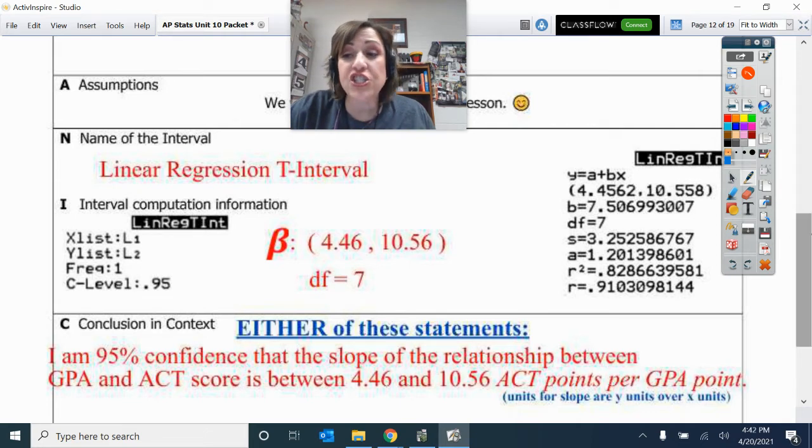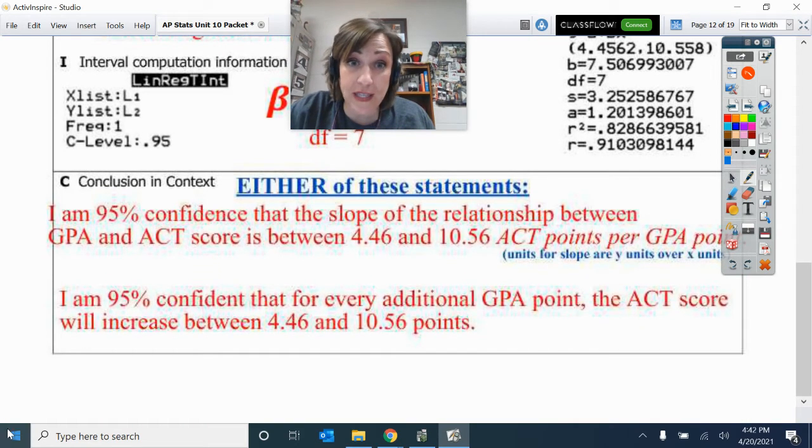Okay? So here is an alternative way to write this, which might actually make more common sense to you. You can write either one of these. I don't care. They mean the same thing. Just do either one of them correctly. I am 95% confident that, for every one increase in the X, so for every additional GPA point, the ACT score will increase.